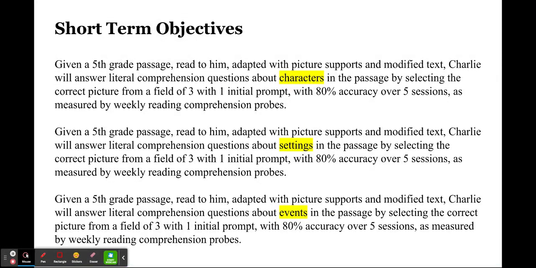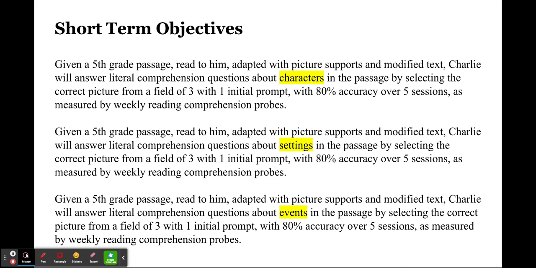If you notice, the only difference in these goals is that for the objectives, I broke down character, setting, and events. This is an interesting way to do your objectives so that you can see where your student has strength and also where your student might need some help. This is breaking it down by attributes of the goal.